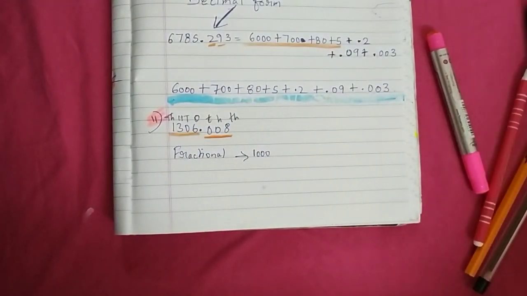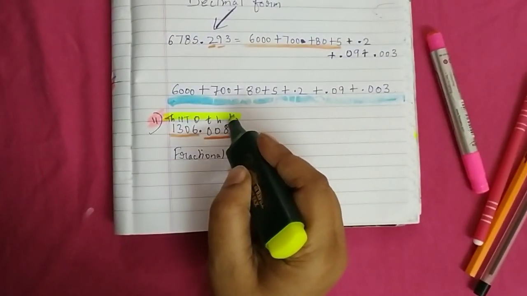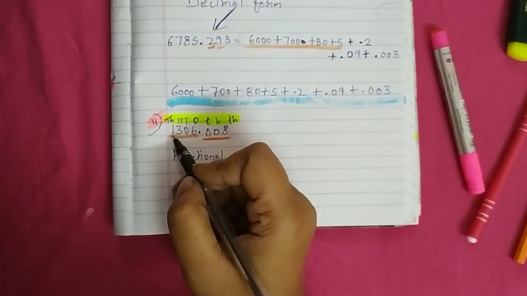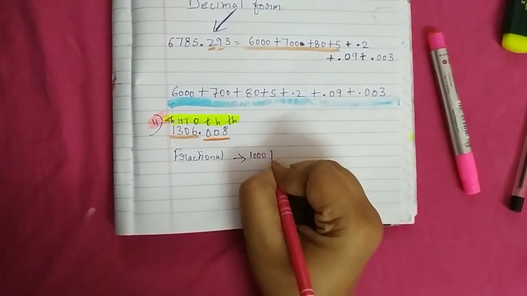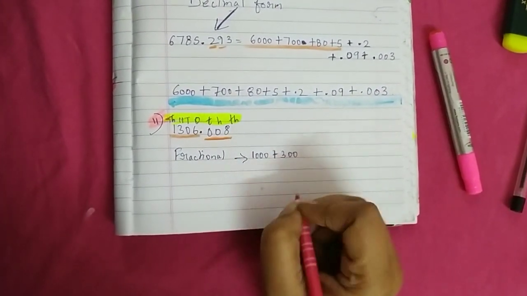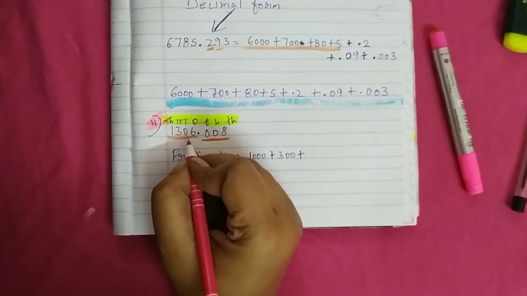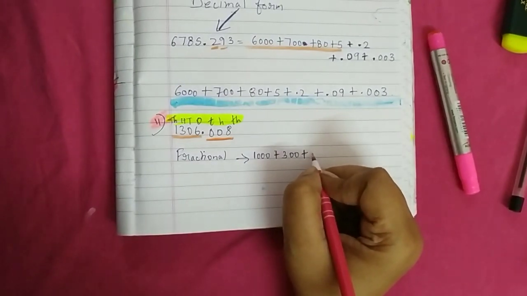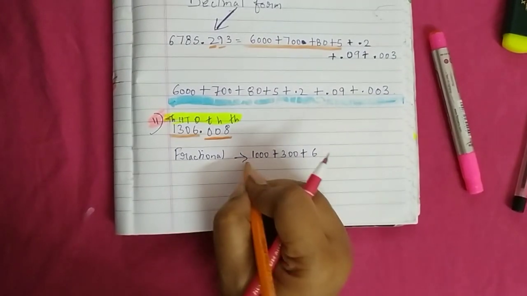Okay, so what is this, children? This is place value. Now, at thousands place we are having 1. So 1000 plus 300 plus, there is nothing at tens place, 0. So leave it, plus 6. Yes? This much is clear to you all?